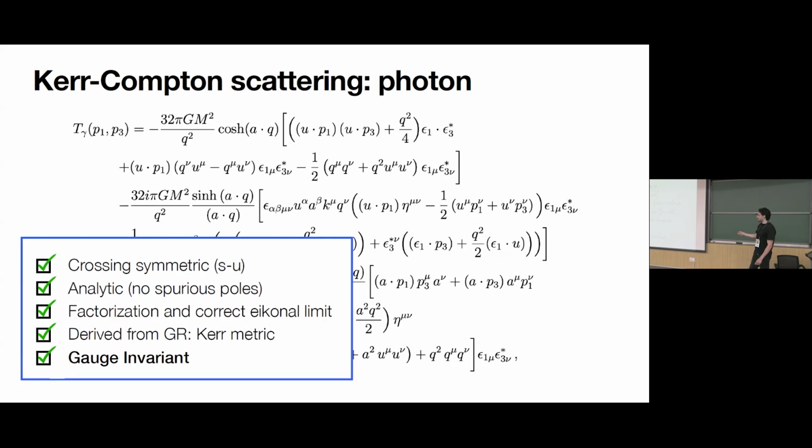And gauge invariance is actually quite non-trivial to satisfy because it relates all these contact terms to terms that are relevant in the eikonal limit. So we still think that this object is probably the simplest object that can satisfy all these properties. Okay, so I think it would be very nice to try to match these to the worldlines that people have talked about before in other talks.